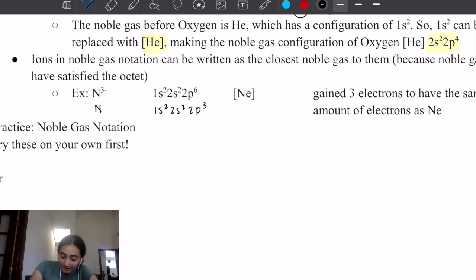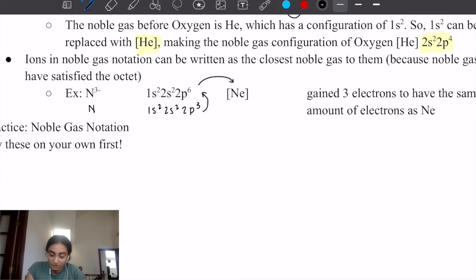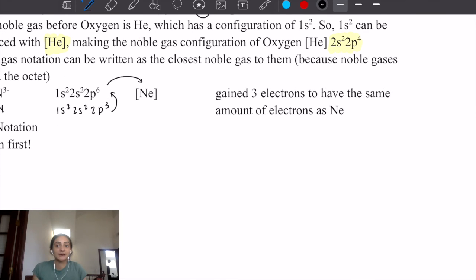It gains 3 electrons to become 2p6, which is the end of the electron configuration for neon, because neon is the following noble gas, and that has 8 electrons in its valence shell, which is what an ion aims to have. So as I wrote here, it gains 3 electrons to have the same amount of electrons as neon. They are both now stable and have 8 electrons in their valence shell.